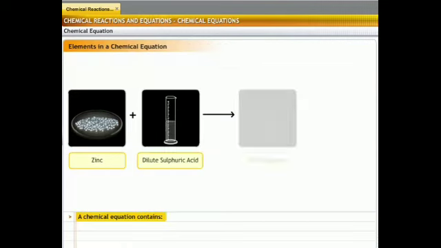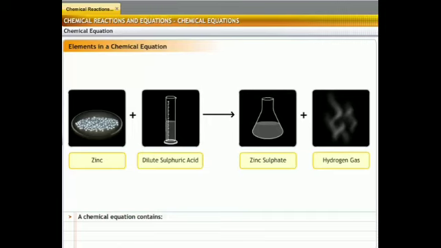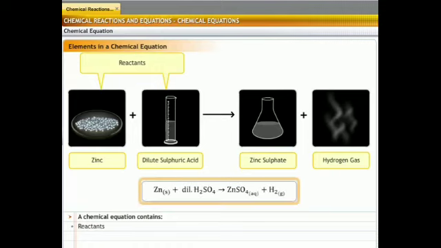So a chemical equation contains two parts: reactants, zinc plus dilute sulfuric acid, and the second part is products, ZnSO4 plus hydrogen gas. So a chemical equation is the overall representation of a chemical reaction with the help of symbols.